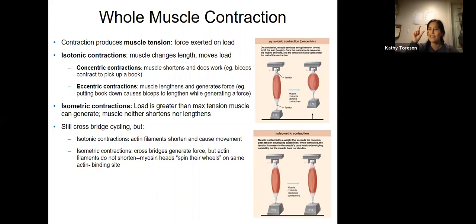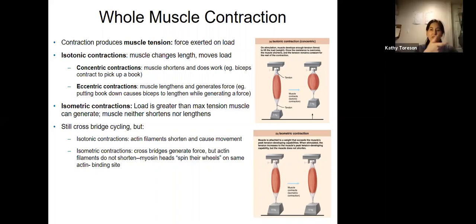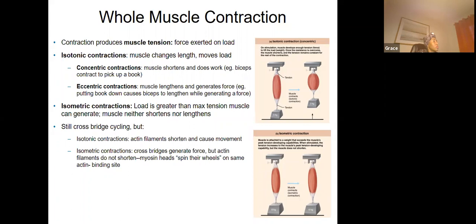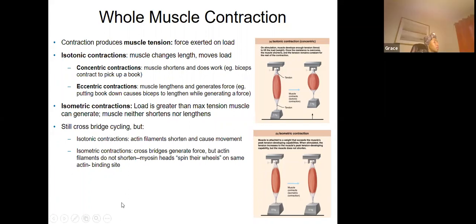It's a very slight distinction, because contraction is going to generate tension, and tension is being generated by contraction. I apologize if I was using them interchangeably, but that's the distinction there. Okay, thanks.